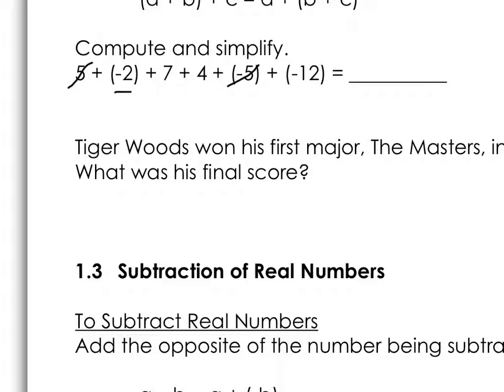So I kind of like to put the negative numbers together. So negative 2 plus negative 12 is negative 14. And then put the 7 and the 4 together. 7 plus 4 is 11. What is negative 14 plus 11? Negative 3.